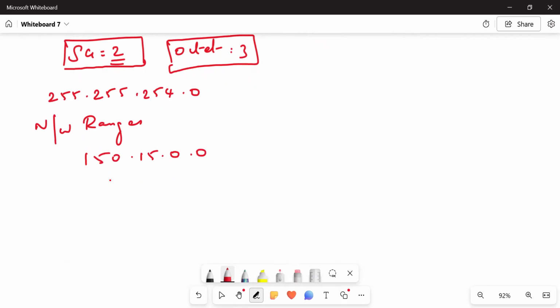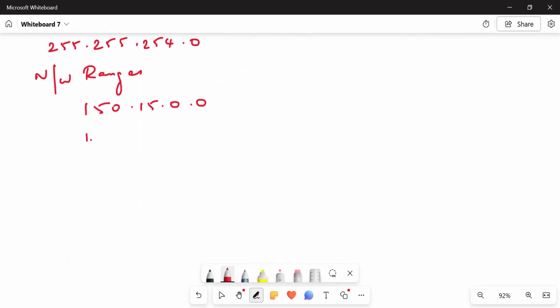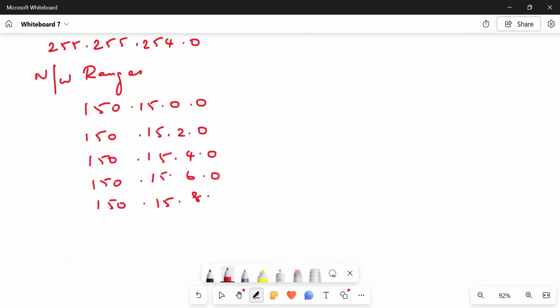That means 150.15.2.0, 150.15.4.0, 150.15.6.0, 150.15.8.0.